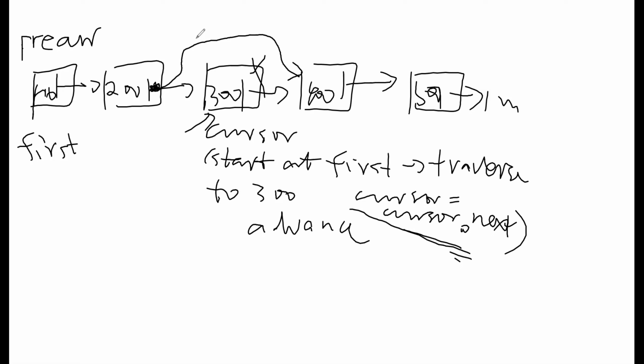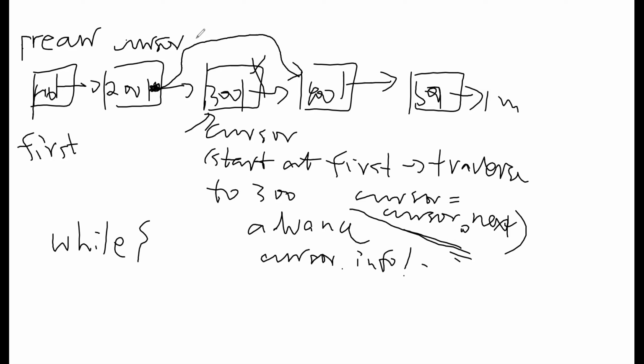The precursor serves as a pair with the cursor, but it always points to the node ahead of the cursor. So we have our while loop. The loop over here, we said, we need to check that the information is not the 300.